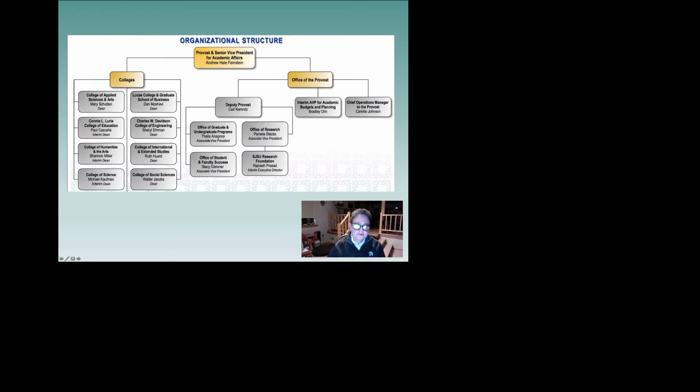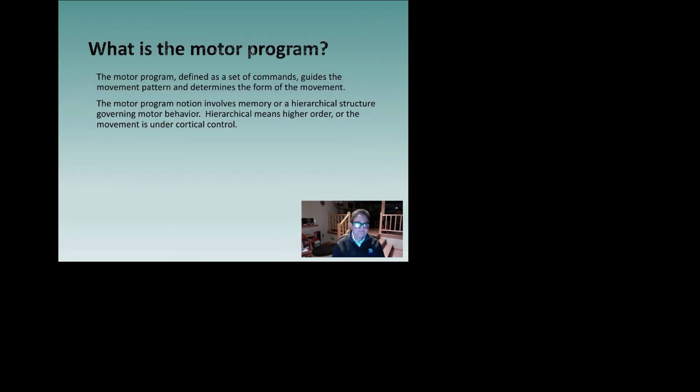Also, you could see within this model other levels of the office of the provost that includes where graduate and undergraduate programs are housed, where research is housed on campus, and so on and so forth. So that would be the organizational structure of San Jose State and the Office for Academic Affairs.